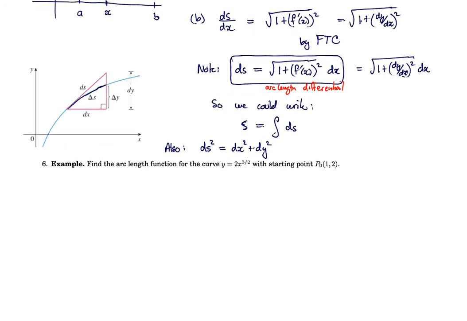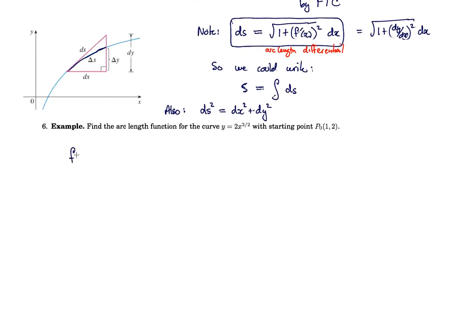Okay, so let's have a look at the next example. We want to find the arc length function, so we're going to need to know the derivative. So that's 3t to the 1/2. So the arc length function, s of x, is the integral from, well, the starting point is x equals 1, and the ending point, of course, our variable x.